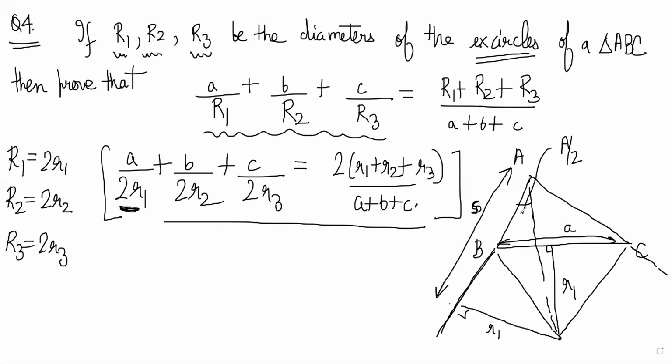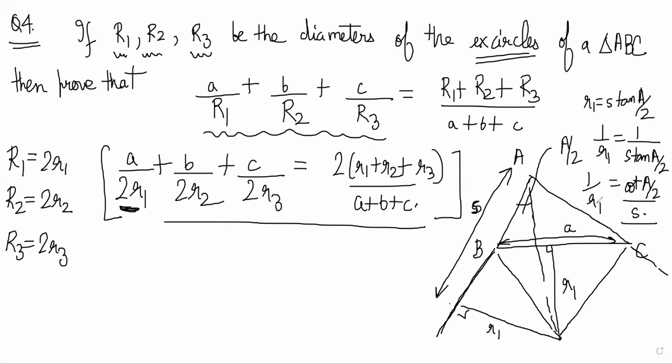So technically r1 is equal to s tan A by 2. So what we have is 1 by r1 is equal to 1 by s tan A by 2, which is cot A by 2 by s, right? This is my 1 by r1.